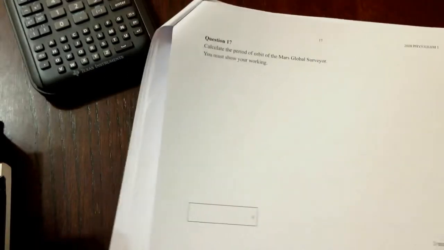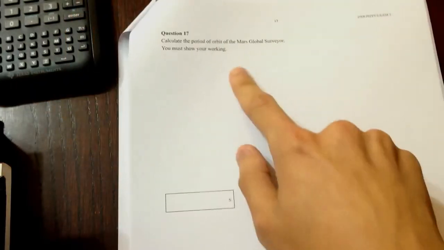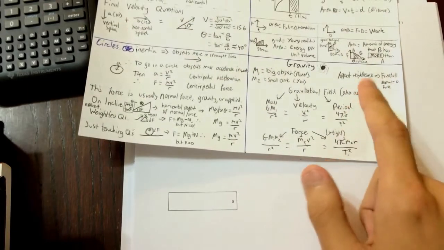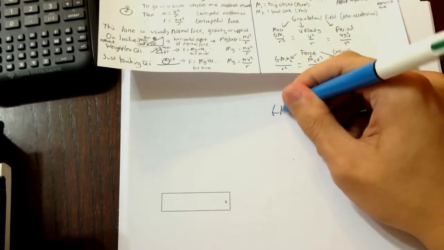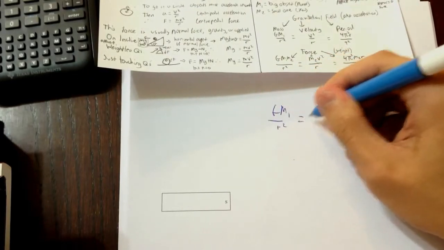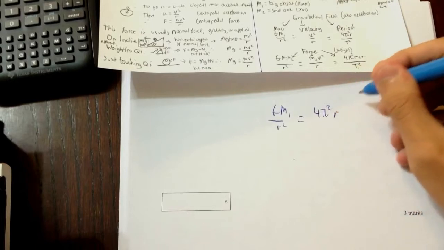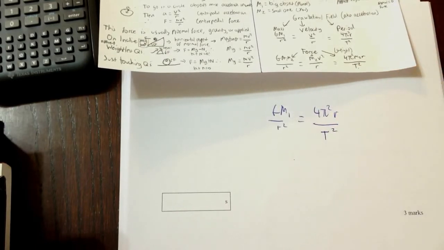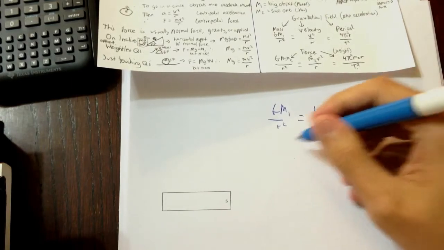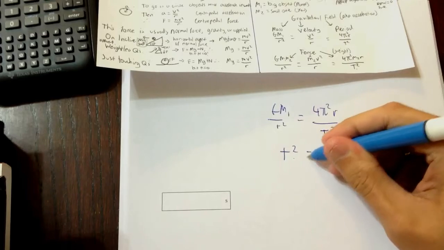Right. And calculate the period of orbit of Mars. So we want the period and we have the mass. We just need to go from period to mass. Okay, so we want period, we take the T squared over, and we bring everything else.